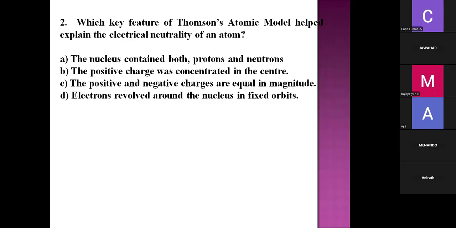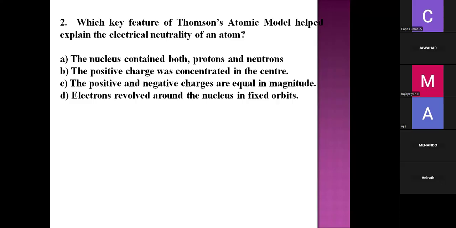Which key feature of Thomson's atomic model helped explain the electrical neutrality of an atom? Option A, the nucleus contained both protons and neutrons. Option B, the positive charge was concentrated in the center. Option C, the positive and negative charges are equal in magnitude.